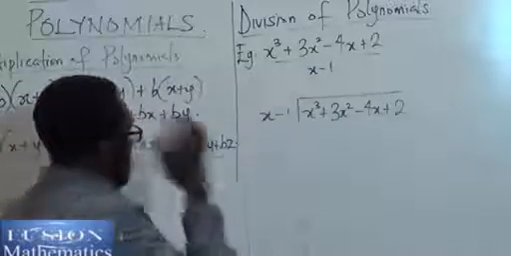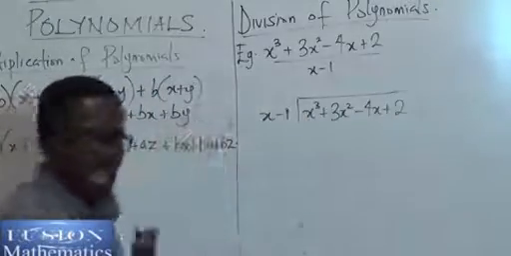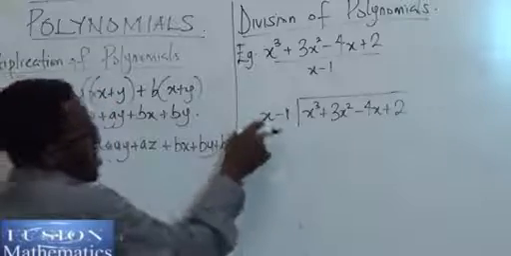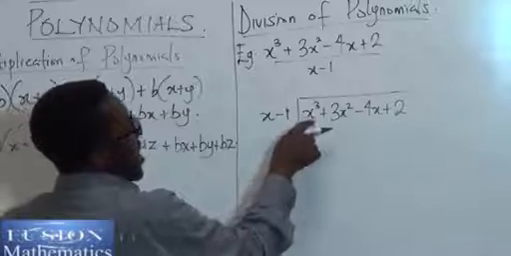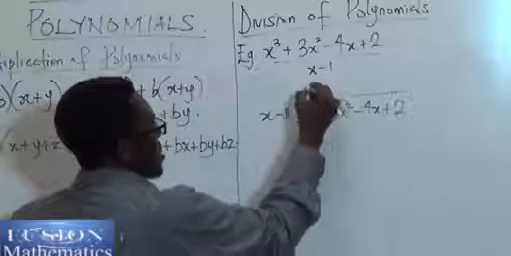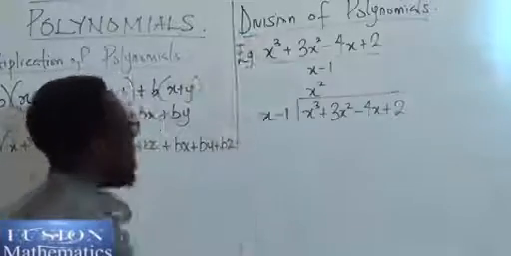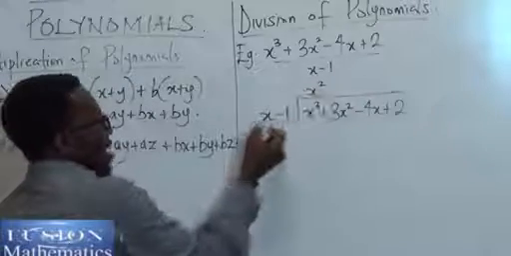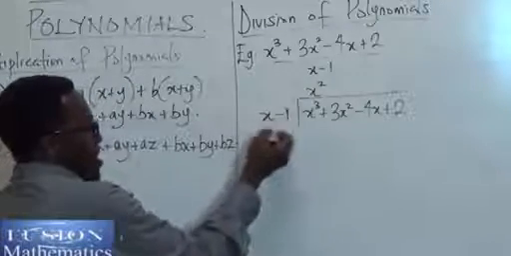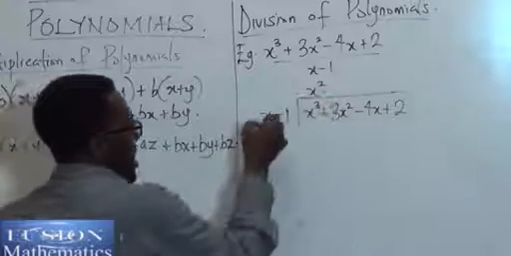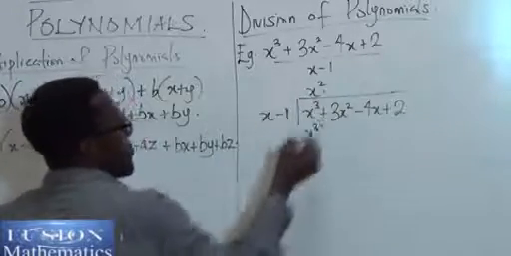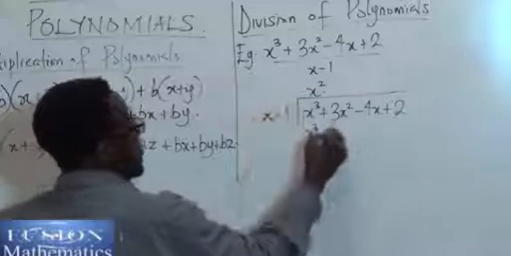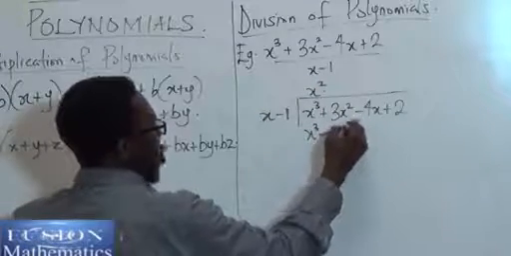Now for us to do this, we use the x to divide. So we divide x cubed by x, which gives x squared, cancelling one of the x. Then we use this to multiply both elements here, x and minus 1. So x times x squared will give you x cubed. X squared times minus 1 will give us minus x squared.